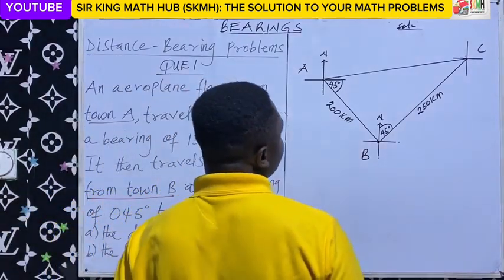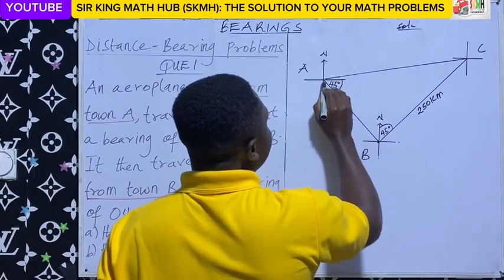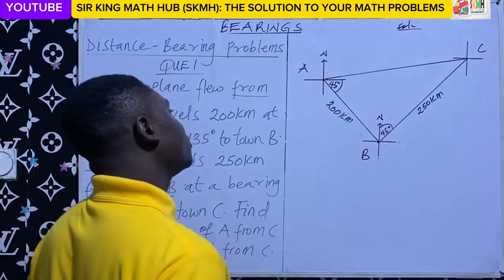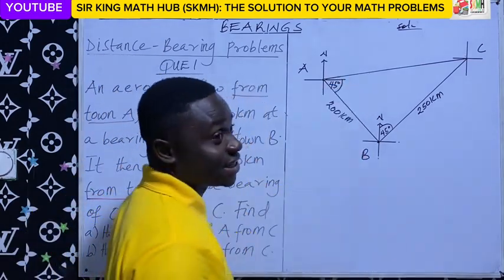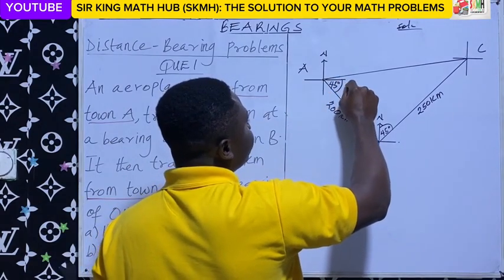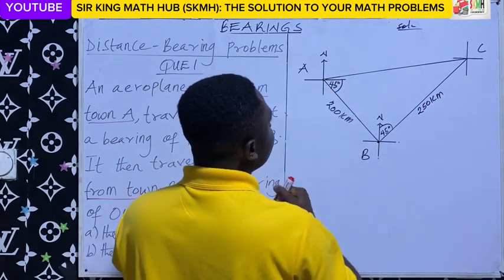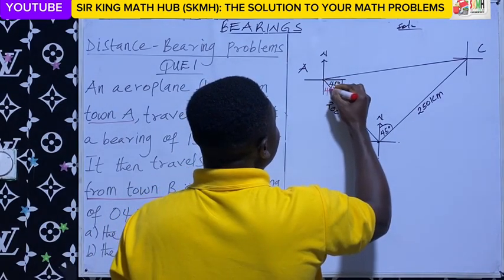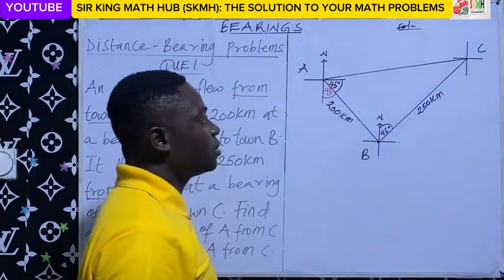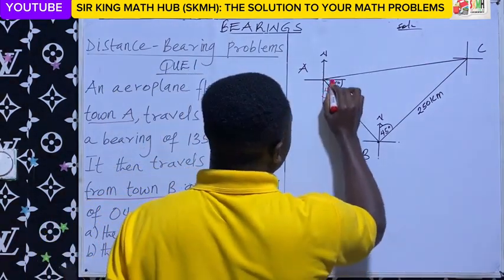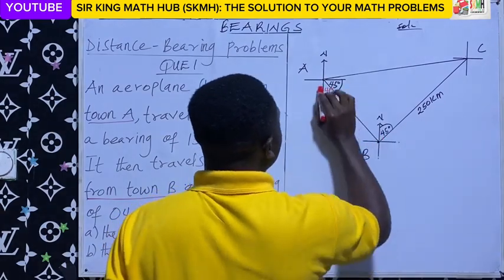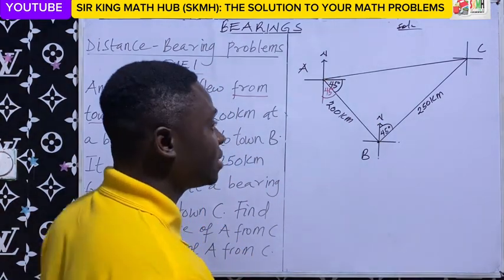Now, let's consider this quadrant here. We know that the total measure of a quadrant is 90 degrees. This quadrant has been divided into 2, one part measuring 45 degrees. So what angle should be here? Clearly here too must measure 45 degrees. And do you see alternating angles, angles formed from the alphabet Z? We know that alternating angles are equal.